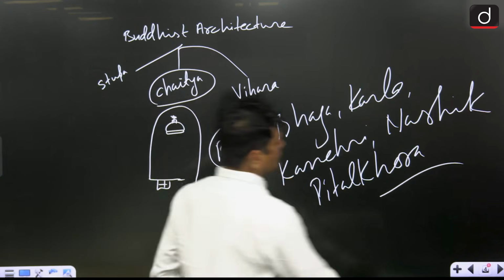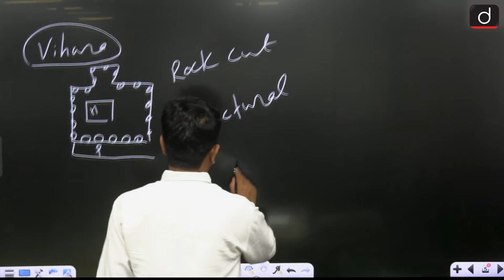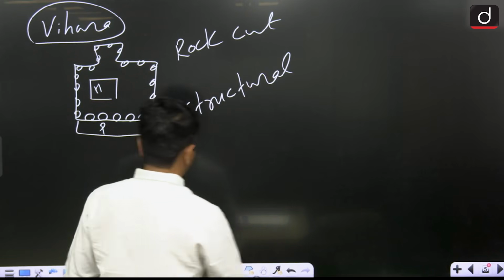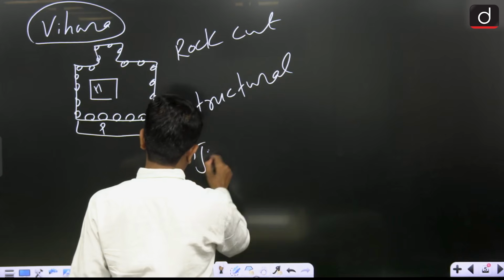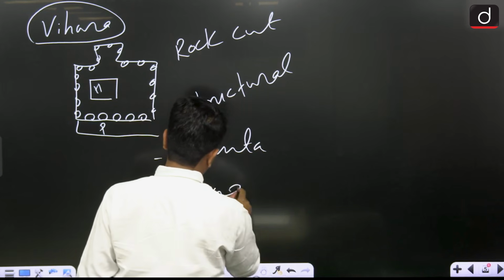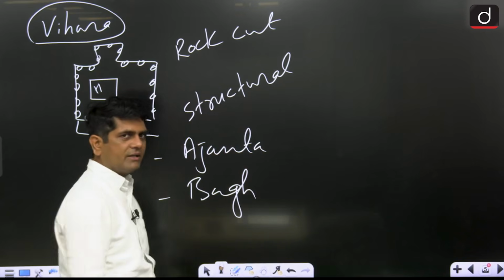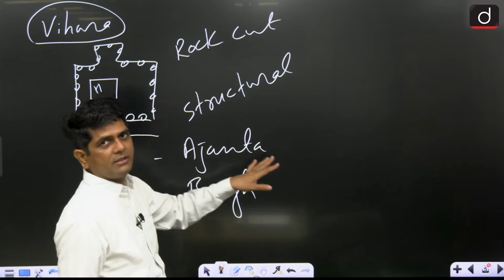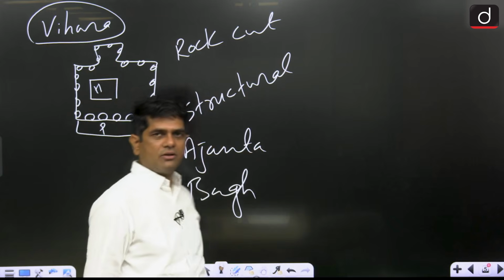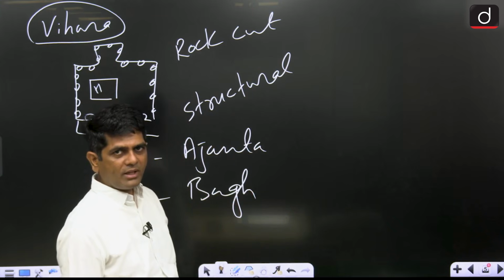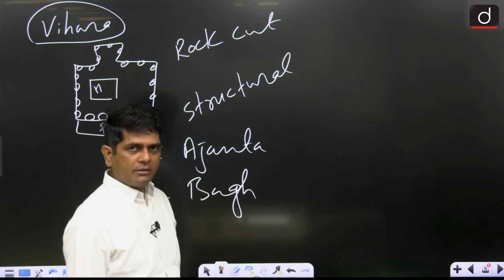Then in the Gupta period we have Buddhist Vihara at Ajanta, and at Bagh. Where is Bagh? Bagh is in Madhya Pradesh. Ajanta is in Maharashtra, on the bank of which river? Waghora river. Clear?